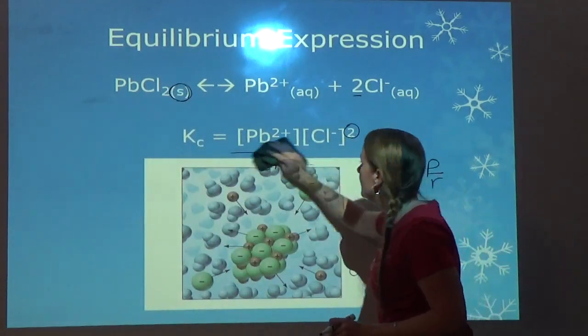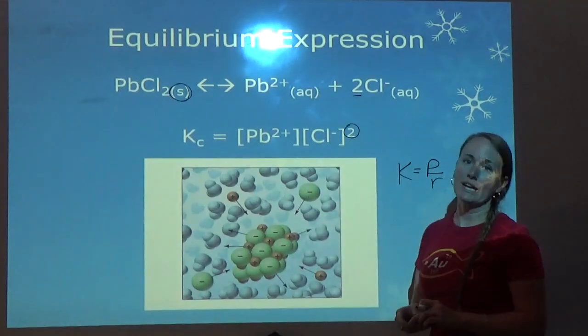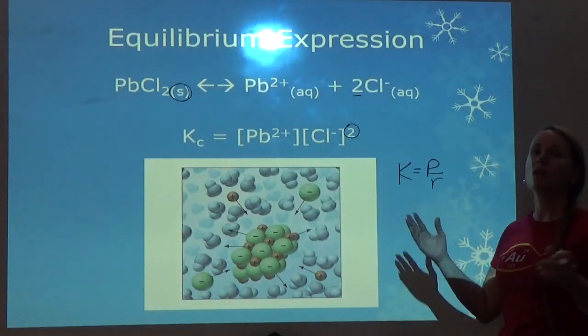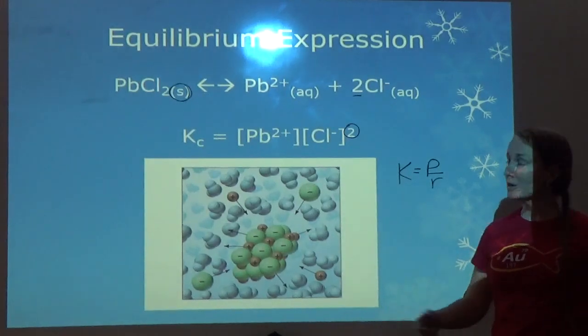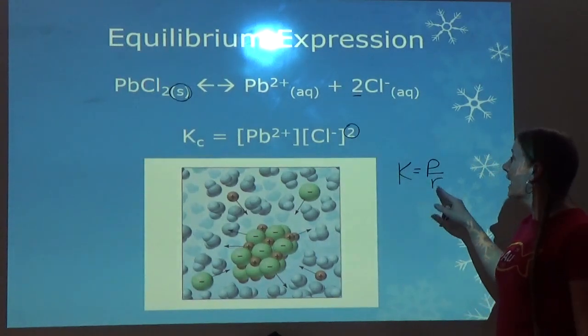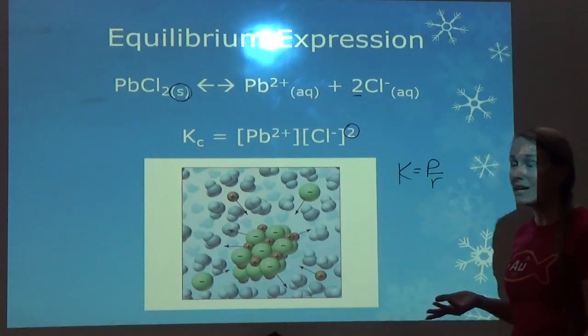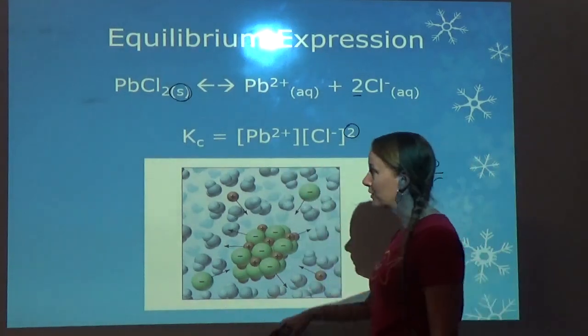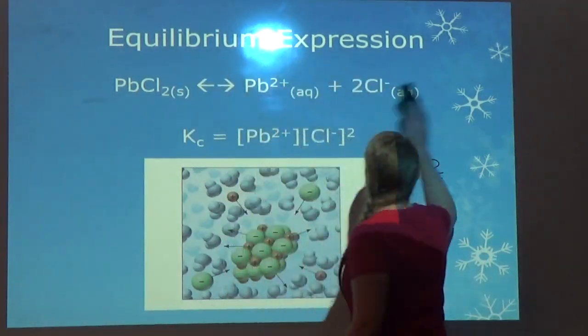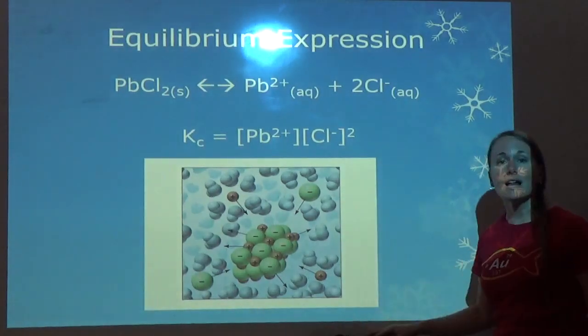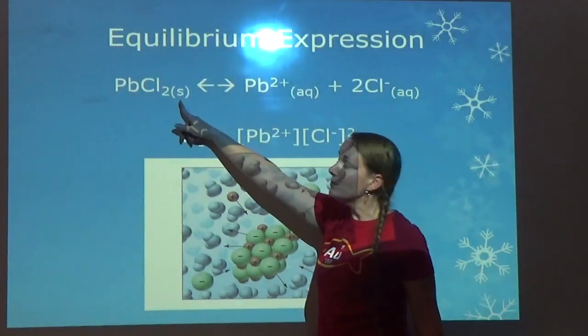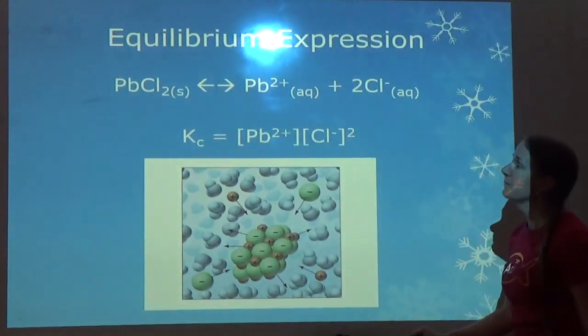So a solid's concentration can't change. It's going to be the same concentration whether you have a lot or a little bit. Notice here I don't have any reactants. I only have products listed in my K value. So like I said, leave out any pure solids and liquids. If it says solid or liquid, you don't want to include that.